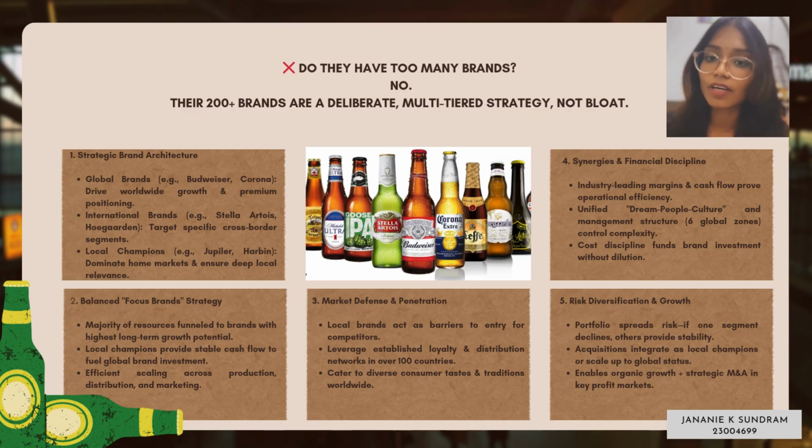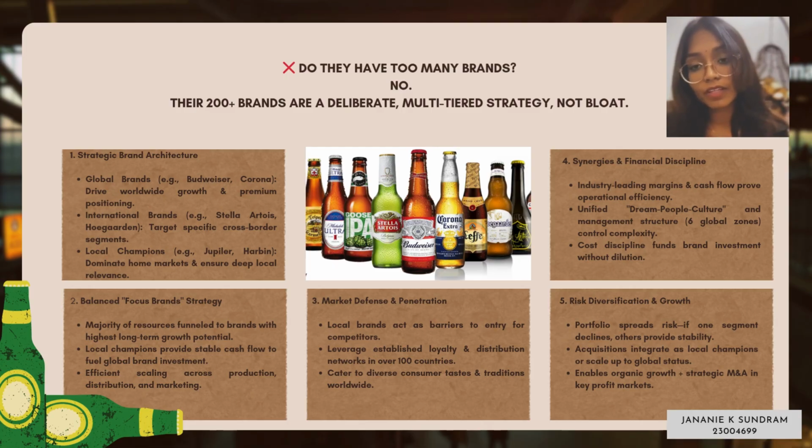Importantly, AB InBev follows a focused brand strategy, meaning that although it owns many brands, most of its resources are concentrated on those with the greatest long-term growth potential, while the local champions provide a stable cash flow to support the investment in the global brands.